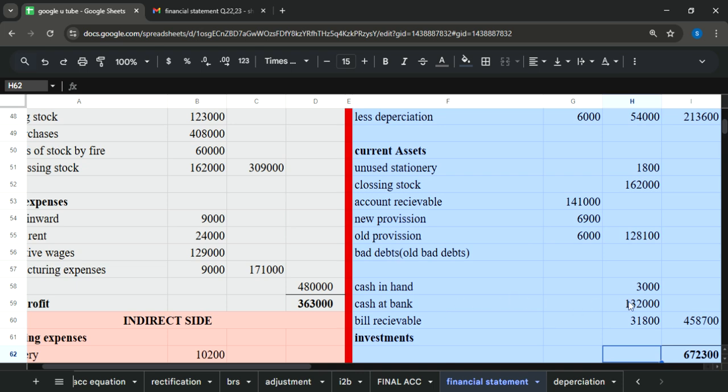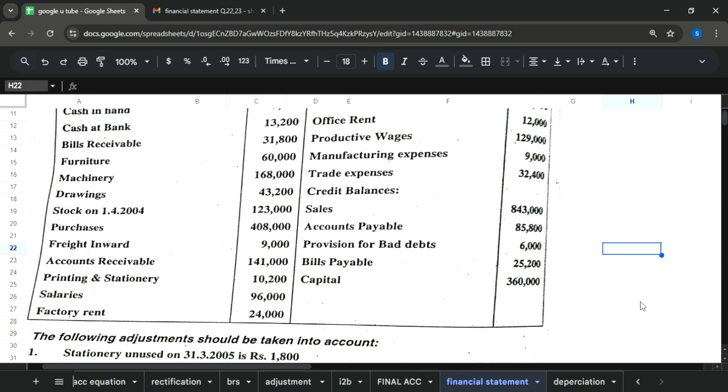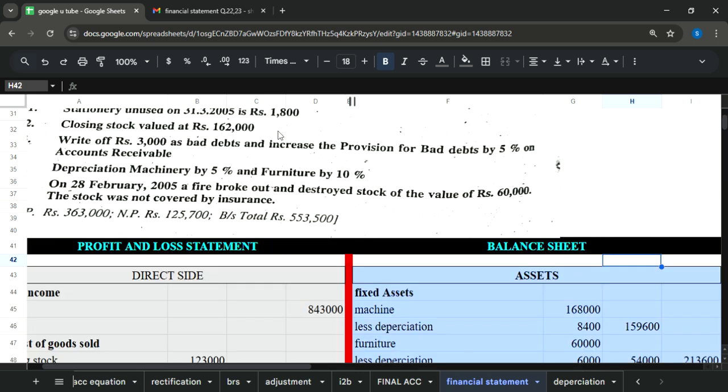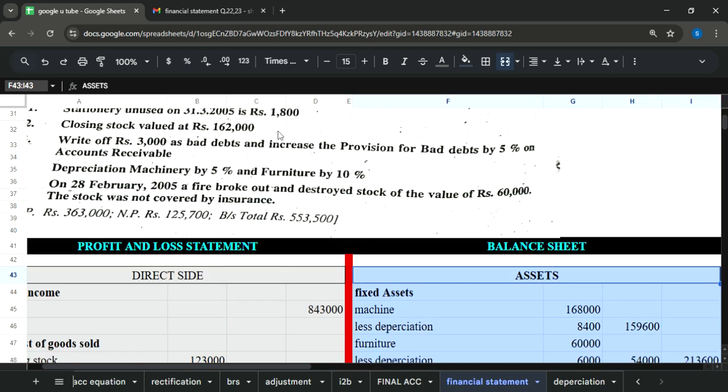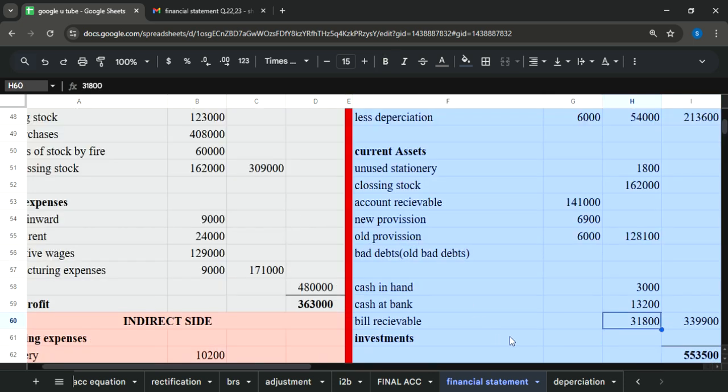Okay, look at this amount. We will check it out. Cash at bank, and the amount of cash at bank was 13200, and here 10 was extra. Let's cut it out, and we have 553 500. This is your amount of asset, and look here, 553 500. In this way our asset side is also completed.